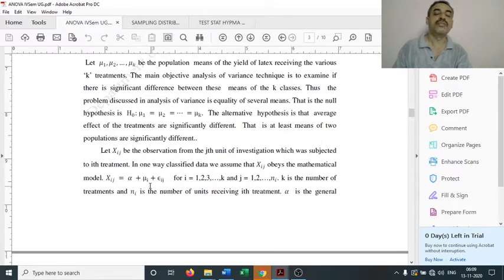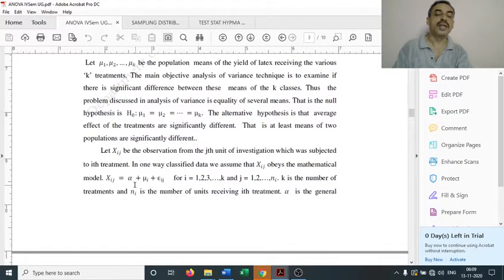So there is another factor called the error factor, and that is e_ij. The totality of all these factors is considered to be the reading from the jth unit receiving the ith treatment. So x_ij is equal to alpha plus mu_i plus e_ij.